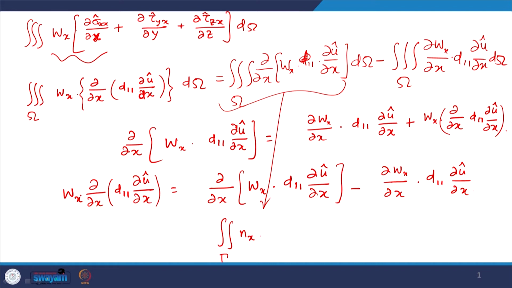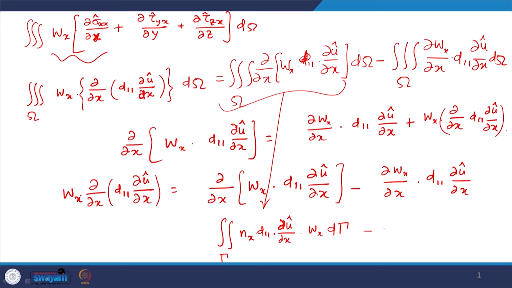So, appropriately it will be n x d 1 1 del u hat over del x multiplied by W x. W x is a scalar, so these are all scalar quantities over gamma. So, this is what the boundary term looks like, and then the second term is of course the same.